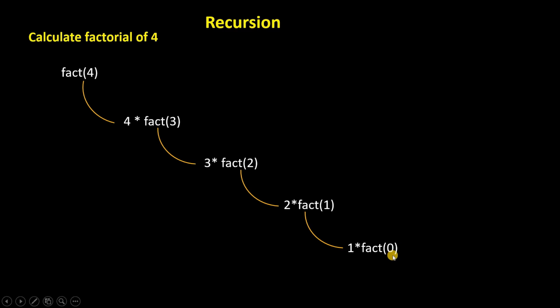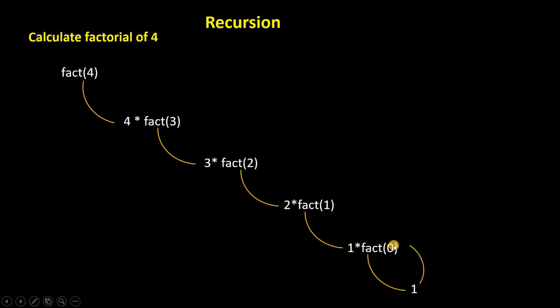0 is 0, that is the base condition is satisfied. So when it is 0, we'll return a value, that is 1. There is no further function to call, so we'll go back.